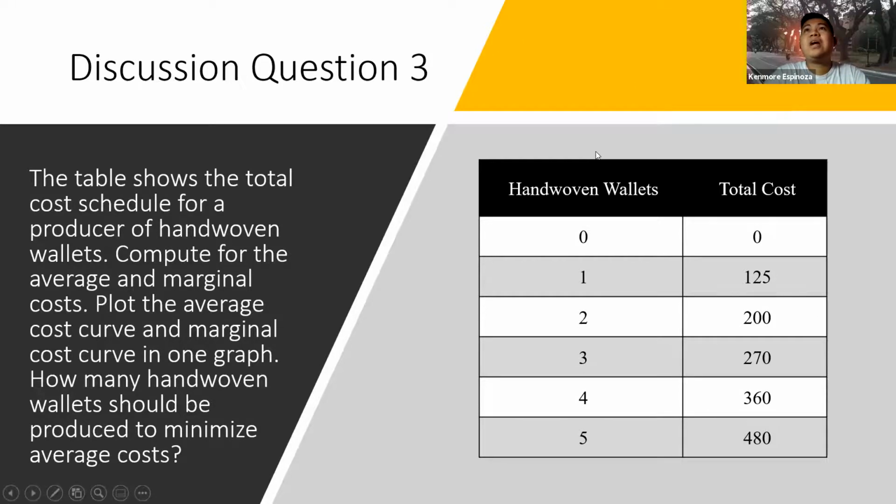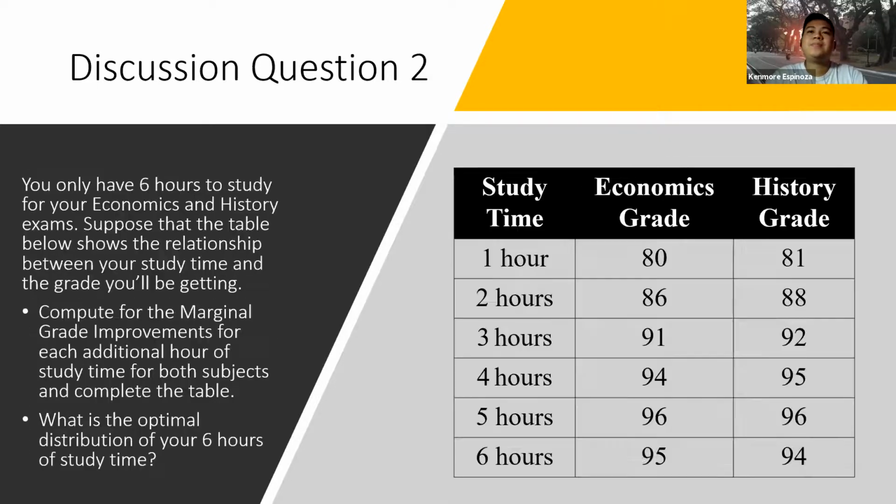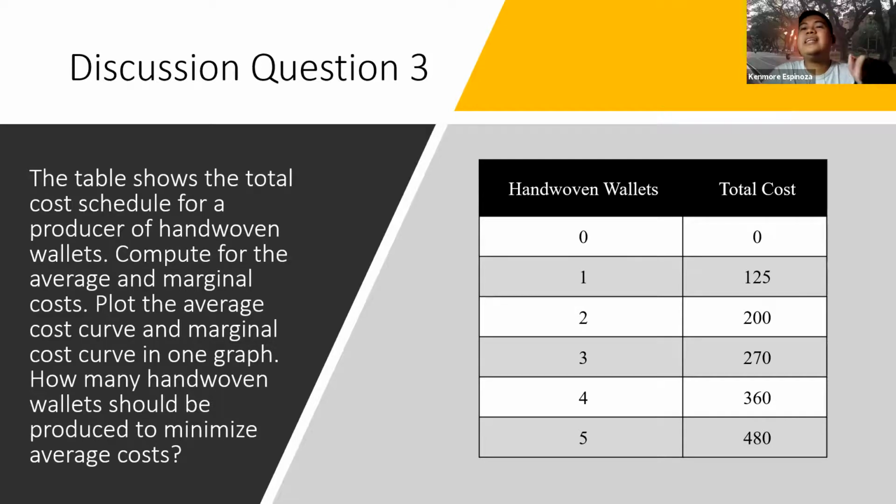Nothing significant changes, because your average cost in reality is not 0 if you have a fixed cost.